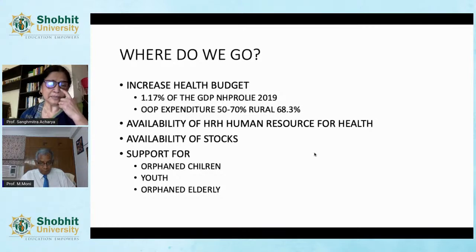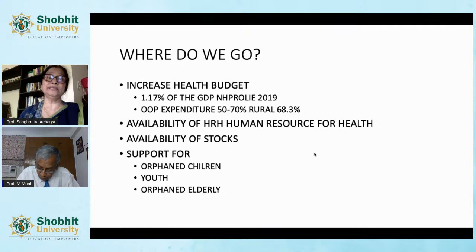So the point I'm making is that there needs to be a system to collate information on these kinds of individuals, and put a mechanism in place to ensure that support for them can be built in. For example, orphan children: can their schooling, their education, be the responsibility of the state? Can the young people who have lost their work be given employment of certain kinds which is conducive to their educational qualification?